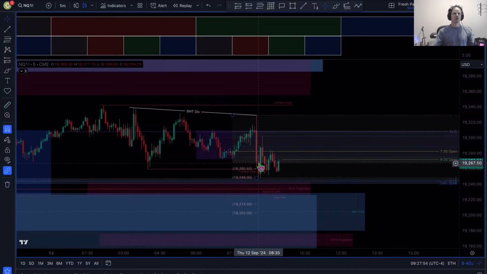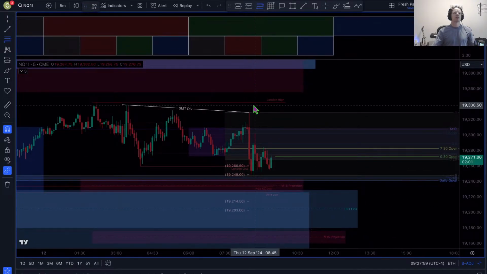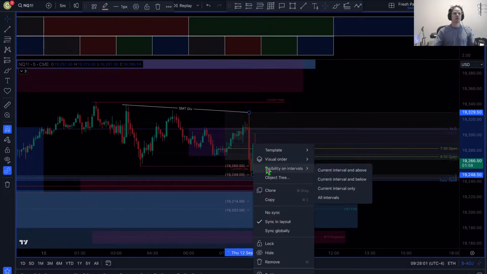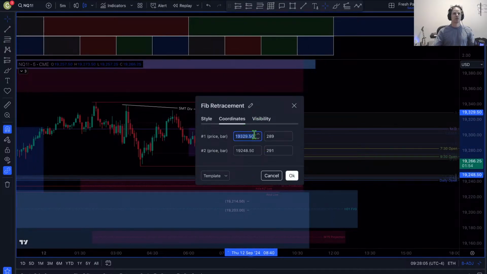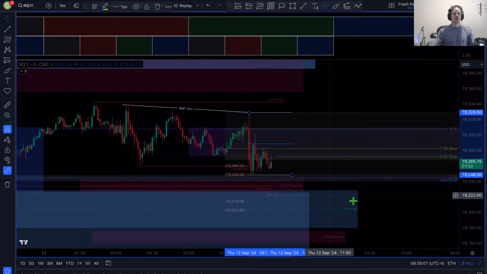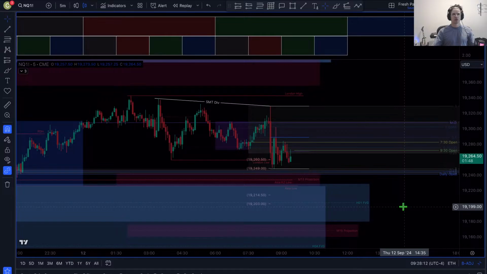Coming out of this fair value gap, holding it pretty much. So I'd say our M5 structure is this. It's our M5. Right, and we come back into the premium and we're continuing down off of that.